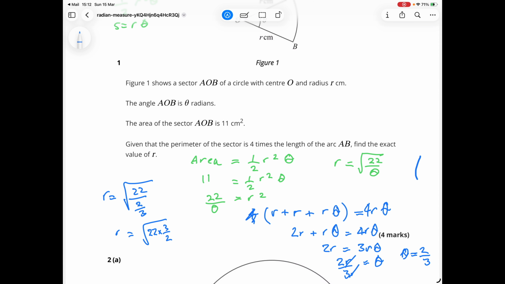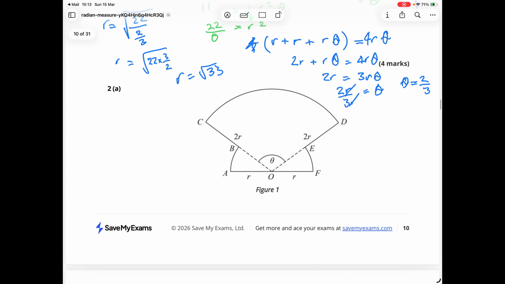Root of 22 times 3 over 2 equals root 33. I just have to say it's root 33, I think. There you go.